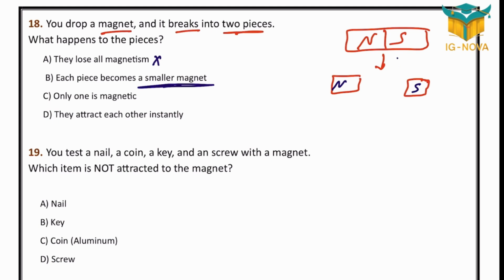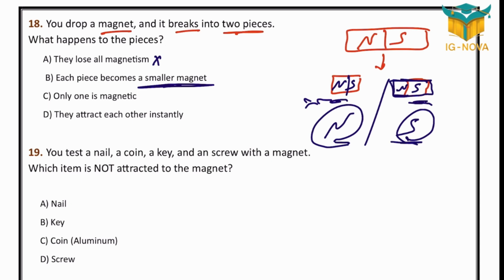Each piece will make the opposite pole. The magnetism must have north and south. If they break, each one will make its own opposite pole. So the correct option is B.